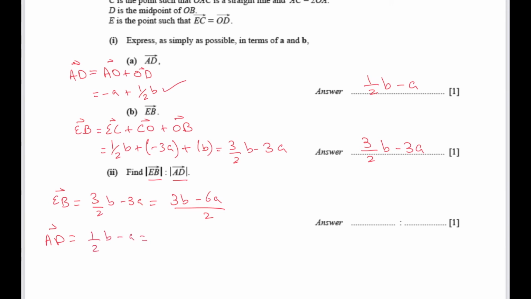If we write that as one fraction, this becomes (b minus 2a) over 2. Now if you notice, the denominators of both are the same. However, the numerator of EB is being multiplied by 3 and this is being multiplied by 1. So the ratio between EB and AD is 3:1. I hope this made sense, and that is your answer. So we write it over here, 3:1.